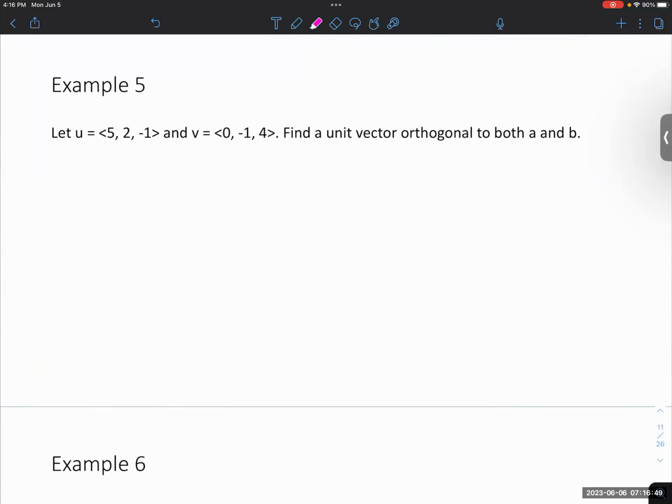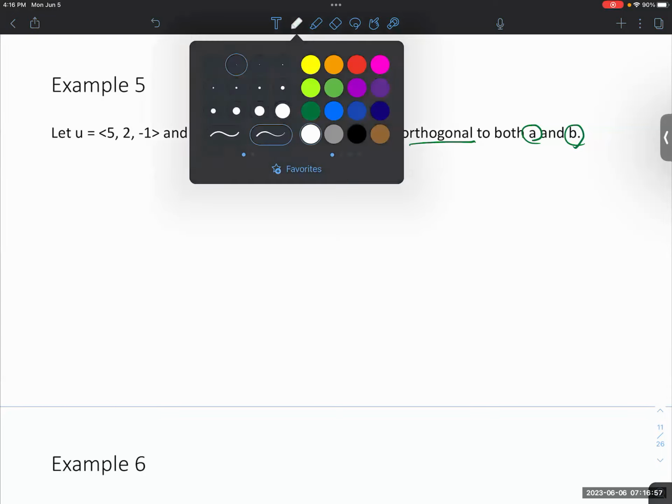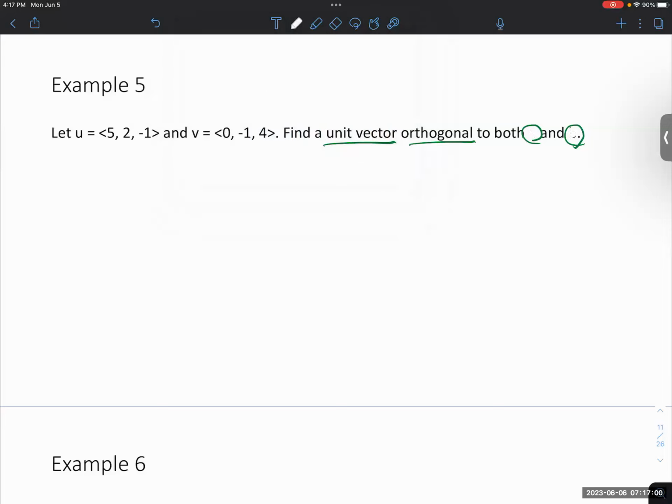In this example, I want to find the unit vector orthogonal to both A and B. Actually, this should be U and V, my bad, because the given vectors are U and V, right? Let's take a look. The cross product U times V is orthogonal to both U and V, right?